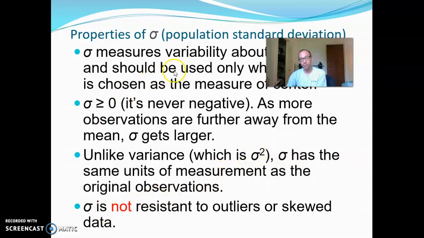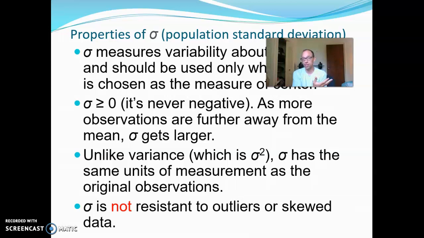And then, as I said up here, just like the mean, standard deviation is not resistant to outliers or skewed data. So if you have data where there's a really long tail on one end, or some really high values or really low values, you can still calculate it, but you have to realize that those extreme points are probably going to influence that standard deviation quite a bit, just like they do with the mean.